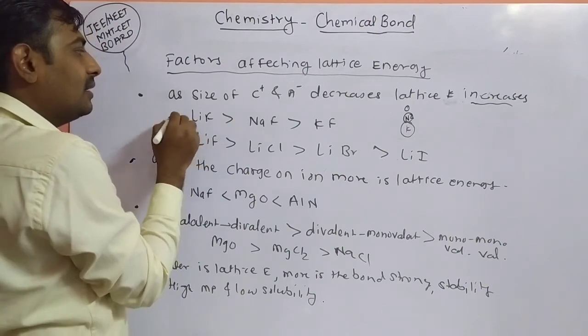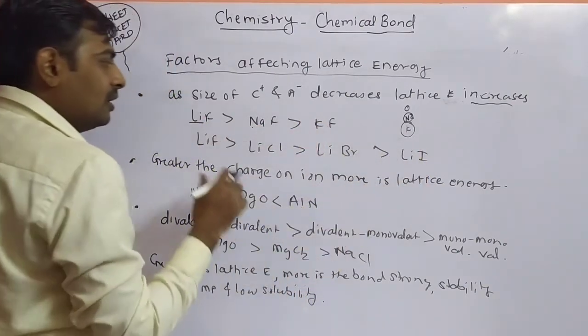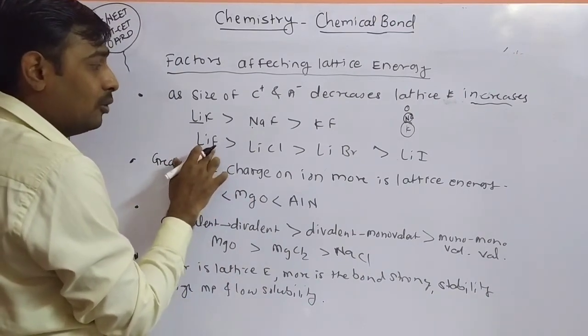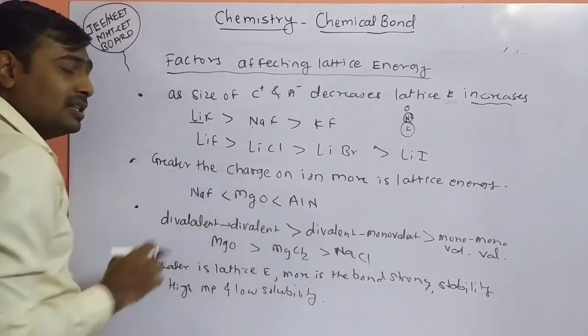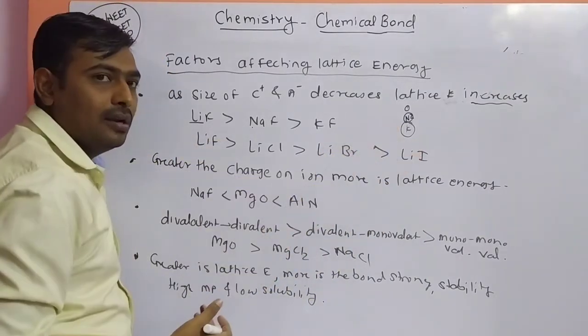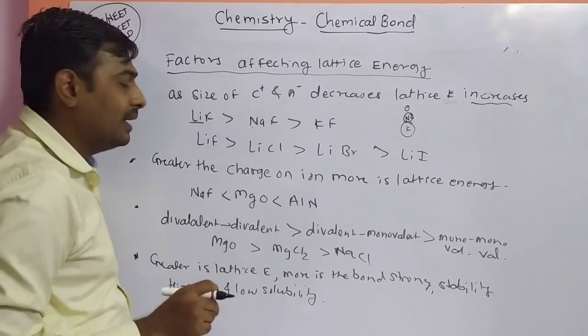Among the anions, fluorine, chlorine, bromine, iodine: fluorine is smaller than iodine, so the energy required for breaking is high, and its lattice energy is also very high.